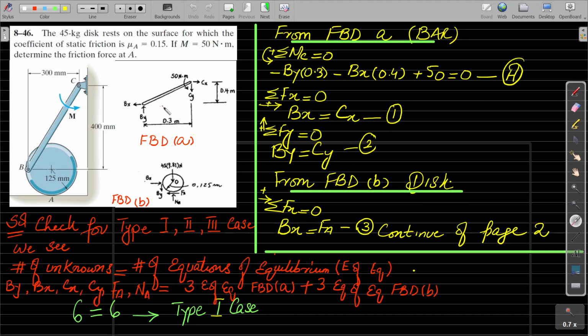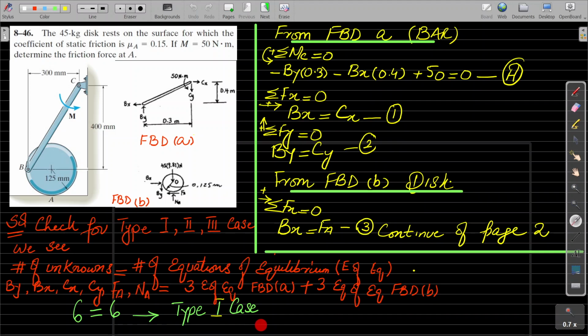We have three equations of equilibrium for the bar and three for the disk, so 3 plus 3 equals 6, and the number of unknowns is also 6. Since both sides are equal, as we studied in the theory, it is a type 1 problem.